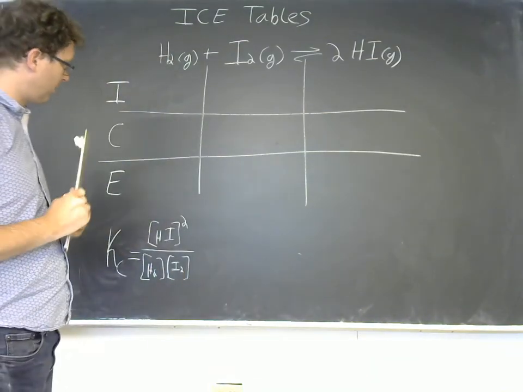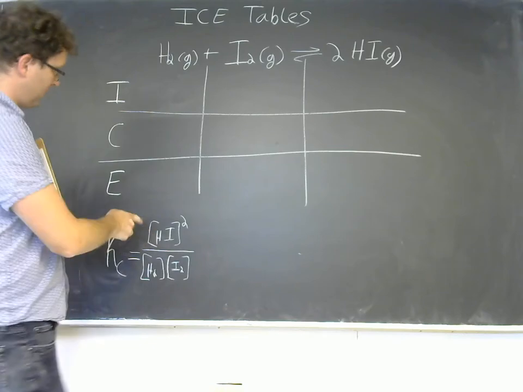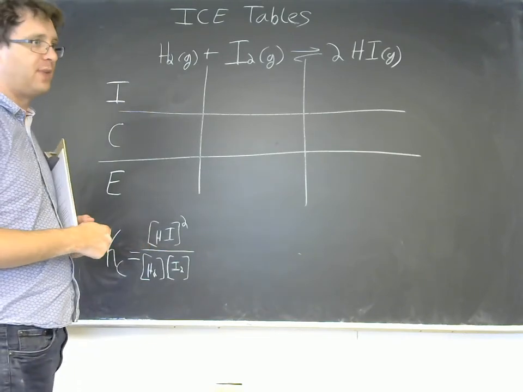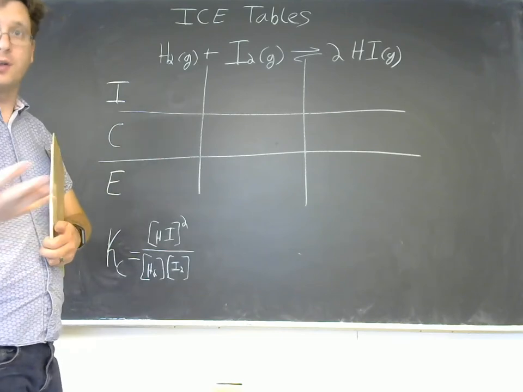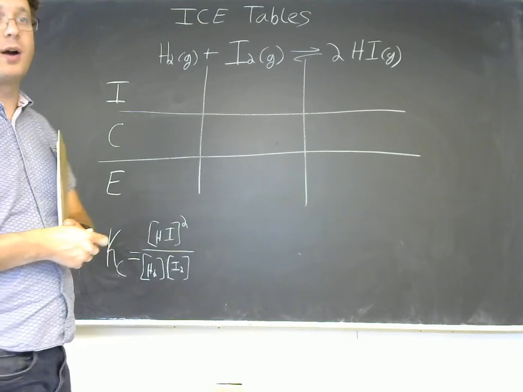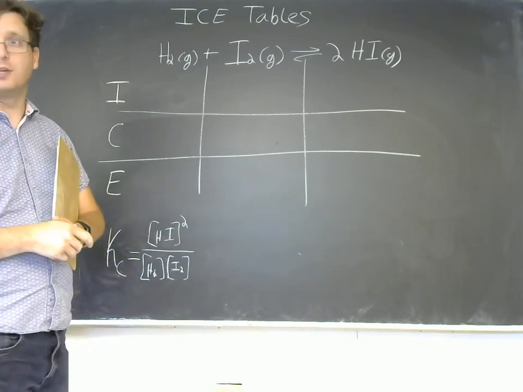So for this we could use pressure. You could use a Kp value and relate that to Kc because Kp is equal to Kc times RT raised to the value of delta n.